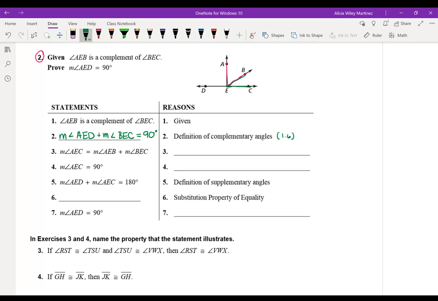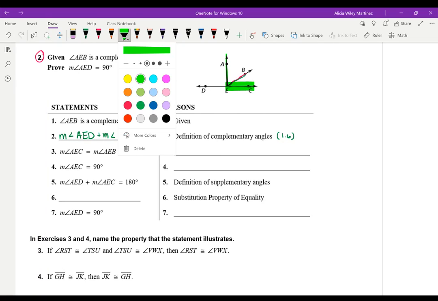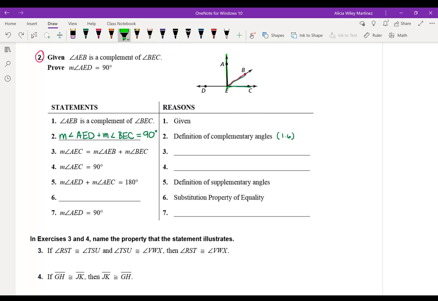Okay, the next statement states that AEC, which if you notice is this big angle here, the measure of angle AEC is equal to the measure of angle AEB plus the measure of angle BEC. So you can see that they've taken AEB, that's this angle, and BEC, and they've added it together to get this bigger angle.